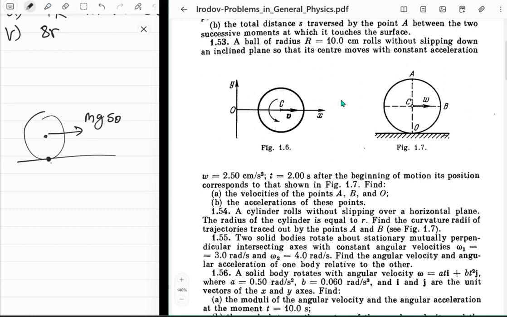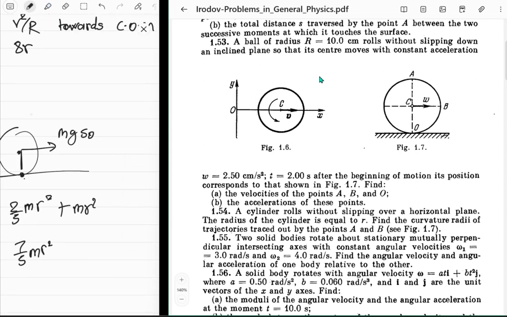So about this axis, what's the inertia of this sphere? It's going to be 2/5 of mr squared for about a diameter, plus mr squared, so by the parallel axis theorem, 7/5 mr squared. So this force times r, upon this, times r, will actually be the acceleration.